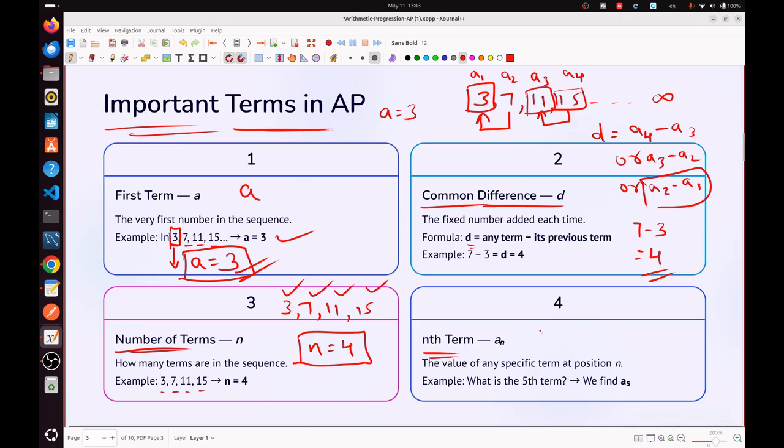The nth term is denoted by an, or tn also we can denote. Mainly we'll denote it with an. It is the value of any specific term at a position. Let's say they ask for the fifth term, you can write it as A5. If they ask the fourth term, A4, like that you can write.